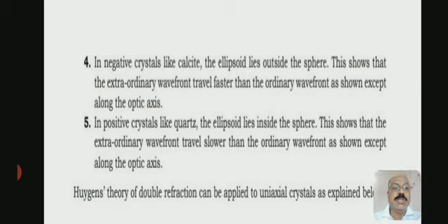This shows that the extraordinary wavefront travels slower than the ordinary wavefront, except along the optic axis. You observe the figure carefully, you will understand better. Huygens' theory of double refraction can be applied to a uniaxial crystal, as explained in the next slide.